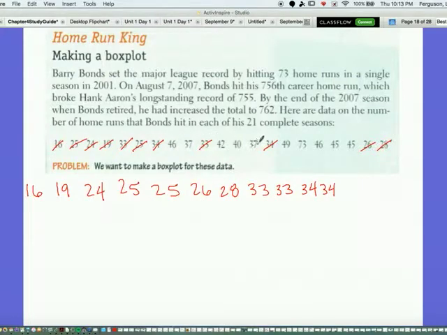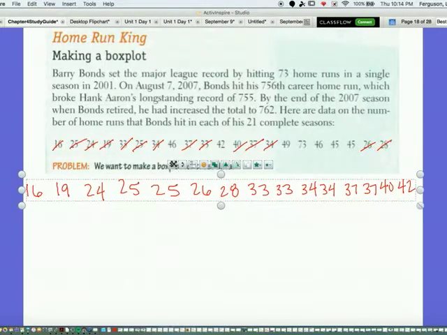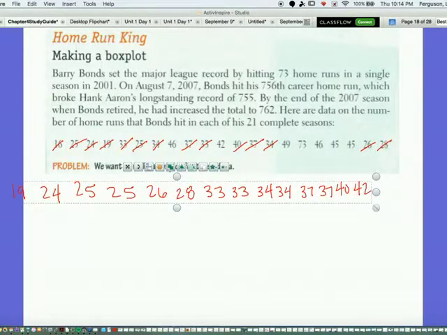Then I would have 37. And there were two 37s. 40. 42. Y'all, it's going to drive me insane if I can't fit these off. 45.